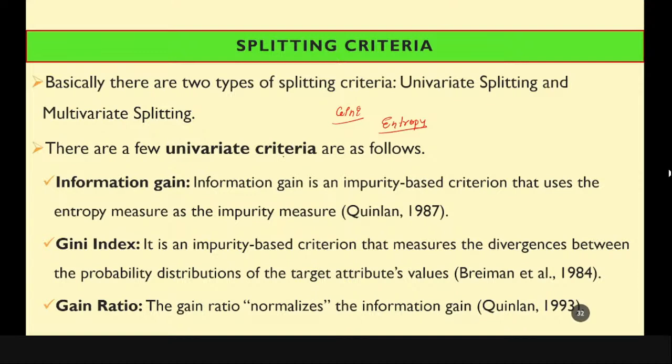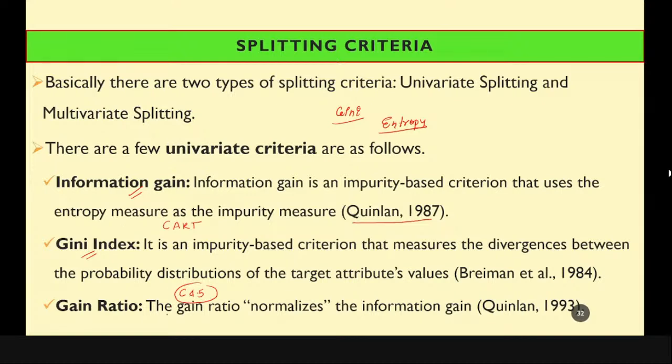So you can see information gain we have applied in this ID3 algorithm. If you are looking forward to explore more about information gain, then you can explore this literature. And Gini index we have applied in the CART, as I have just discussed. And this gain ratio, you might be aware that C4.5 is one of the variants of the ID3 algorithm.